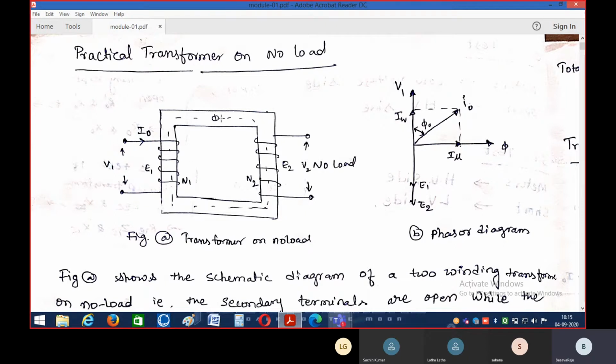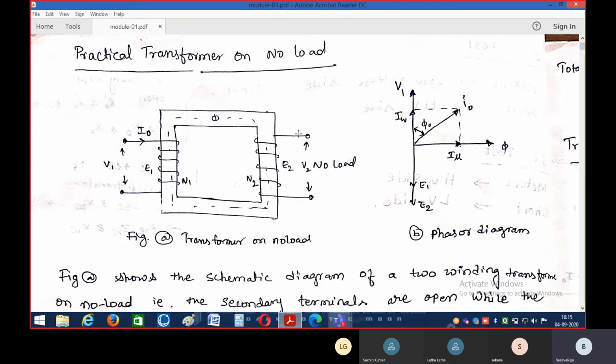The same magnetic flux is also crossed by the secondary winding or secondary number of turns, which in turn produces some amount of EMF, and that EMF produced is denoted here with E2. This E2 is nothing but the amount of induced voltage in the secondary winding.